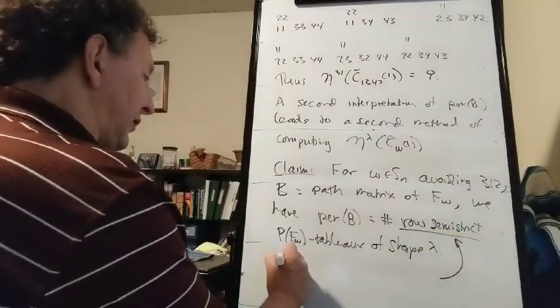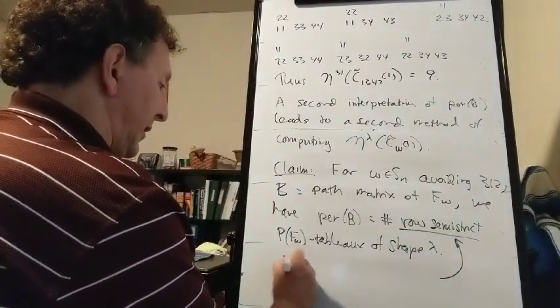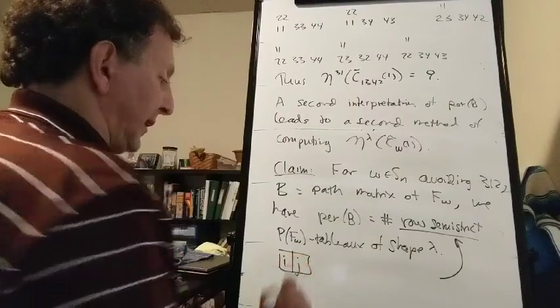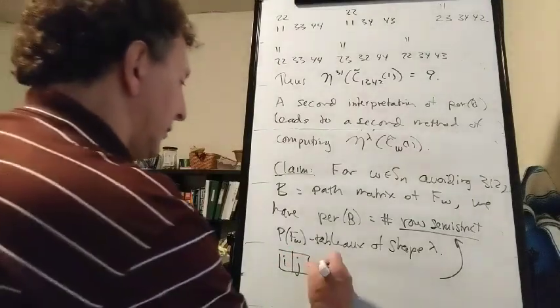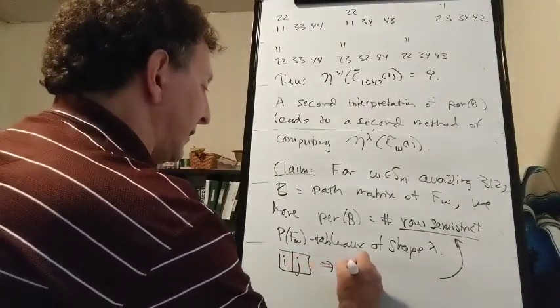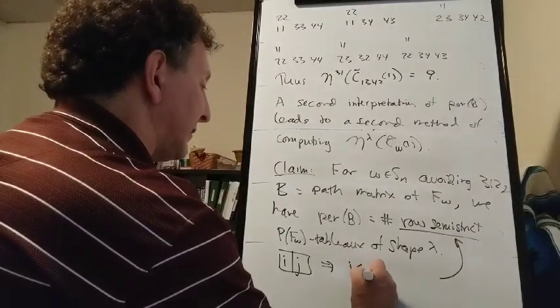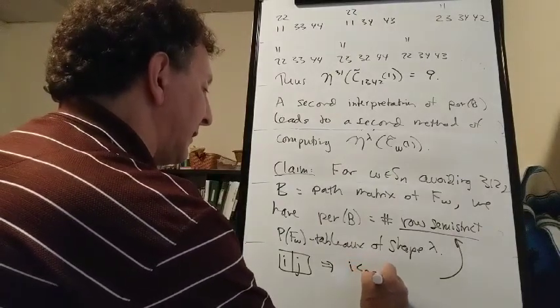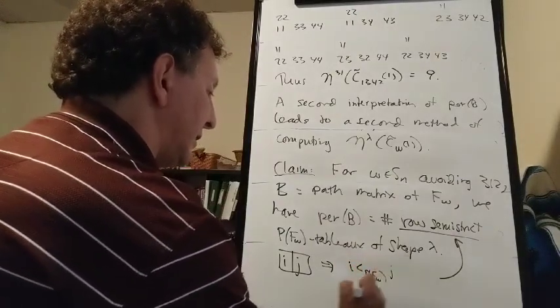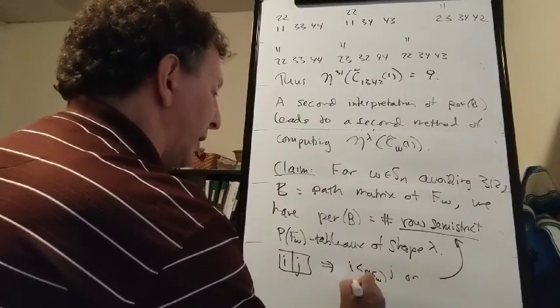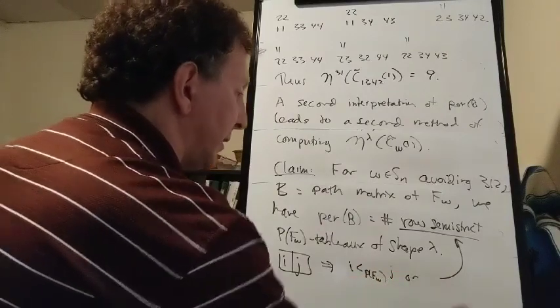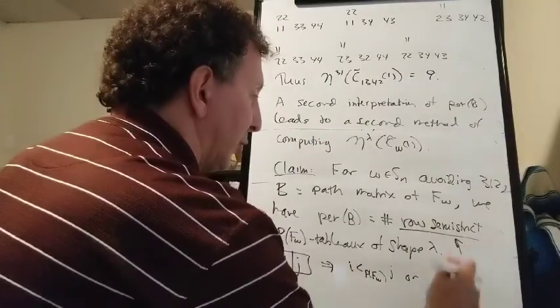Now row semi-strict means if we have i next to j in the same row, then either i is less than j or they're incomparable.